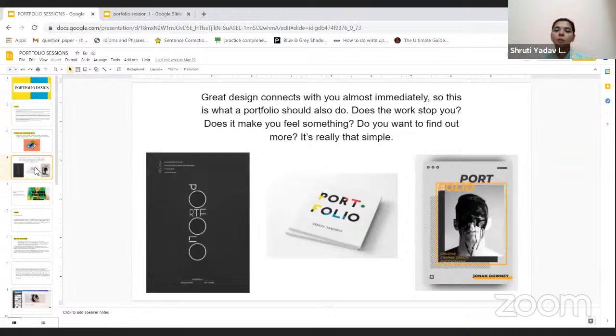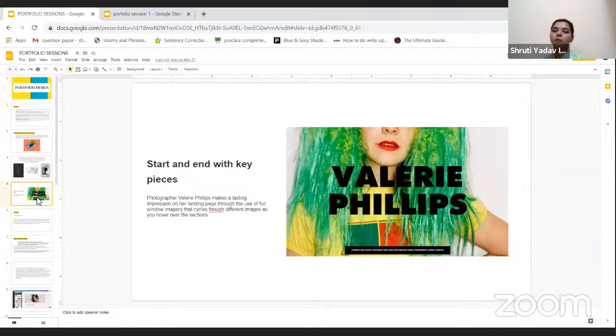It's very important to make your portfolio look relevant to the kind of course you're approaching. So if you're going for graphic design, you'll probably like to use more elements of graphic design, or you'll also like to show how you can work with typography and other features. So one thing that you can consider doing in a portfolio is that you start with and end with your best pieces.